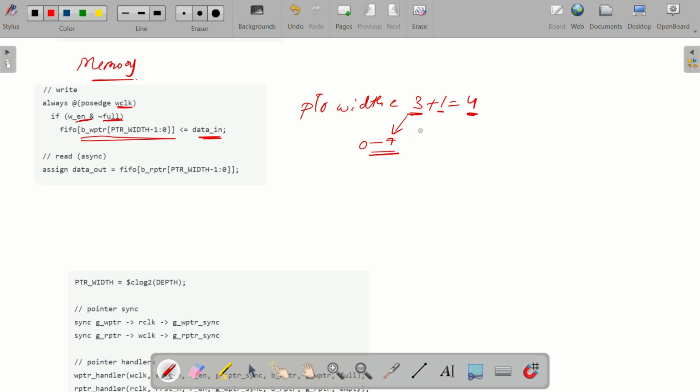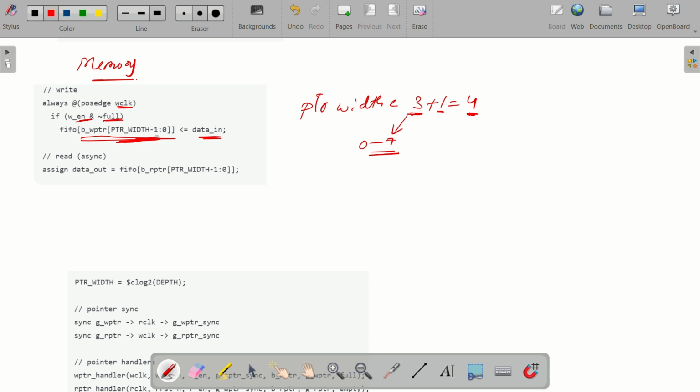So to determine the address in the FIFO where data has to be written, you don't need your MSB bit, you just need the last 3 LSB bits. So pointer width minus 1 down to 0 gives me the last 3 bits. It doesn't account for the MSB bit. All the explanation I have given is with respect to the FIFO depth of 8. As soon as your FIFO depth changes, your pointer width will change, but the essence remains the same.